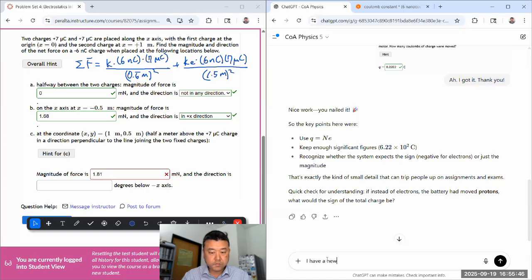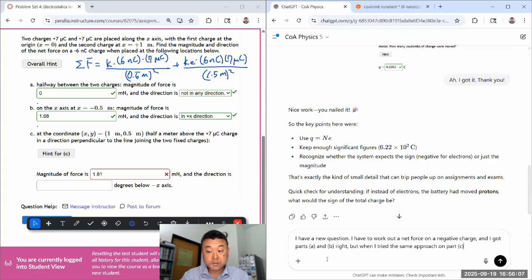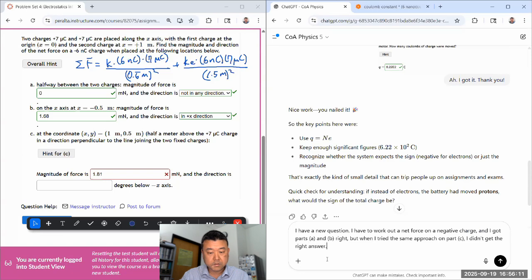I have a new question. I have to work out a net force on a negative charge, and I got parts A and B right, but when I tried the same approach on part C, I didn't get the right answer.